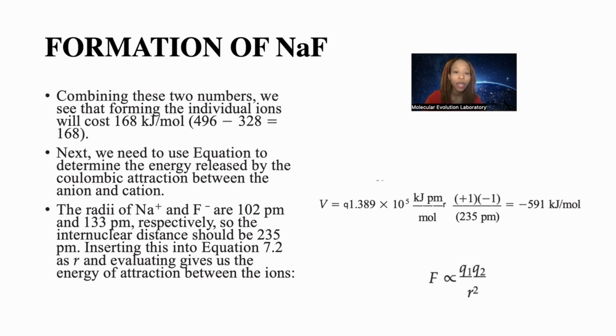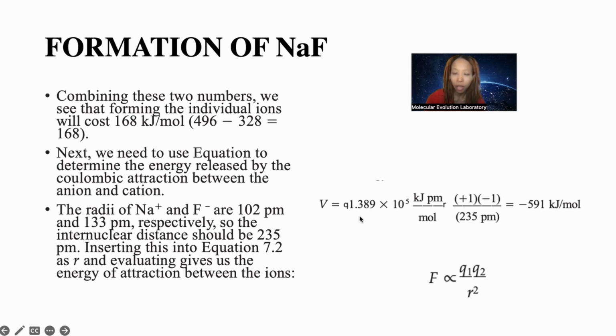Next, you need to use the equation to determine the energy released by the coulombic attraction between the anion and the cation. The radii of sodium 1+ and fluoride 1- are 102 picometer and 133 picometer respectively, so the internuclear distance should be 235 picometer. Inserting this into equation 7.2 as R and evaluating gives us the energy of attraction between the ions.